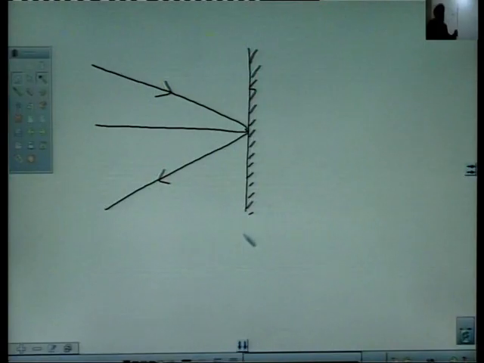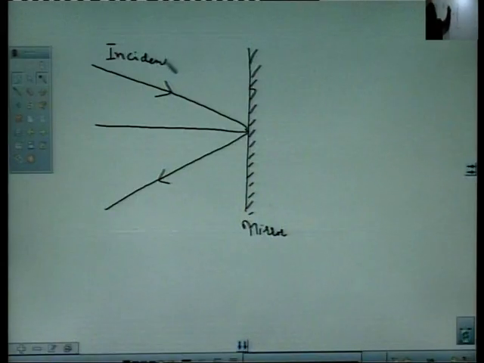This is the mirror. This ray is called incident ray. This is the point where the ray of light strikes the mirror surface, and the perpendicular at the point of incidence is called normal.